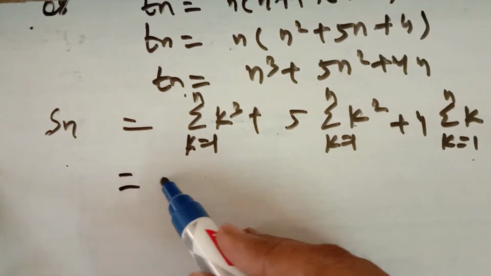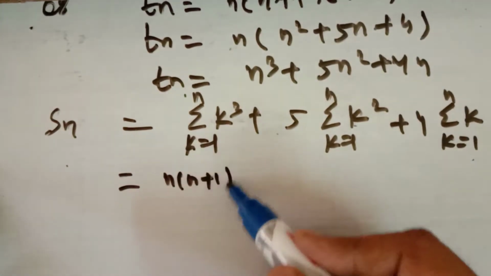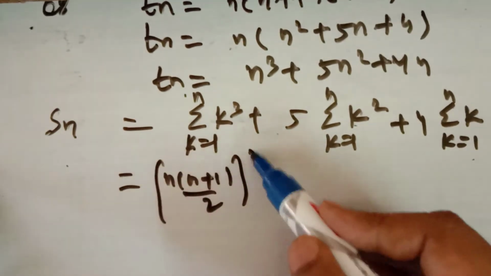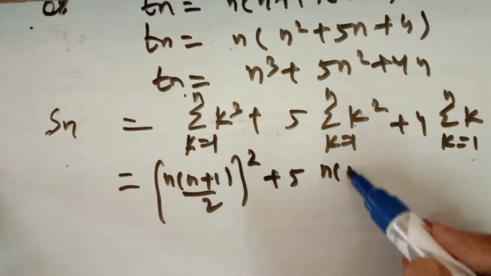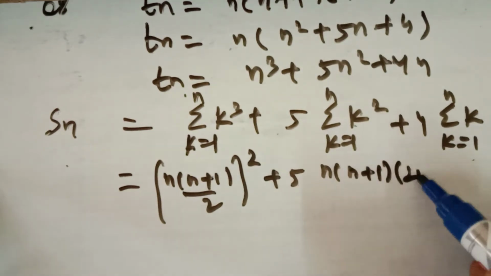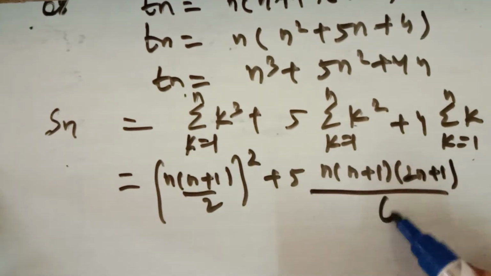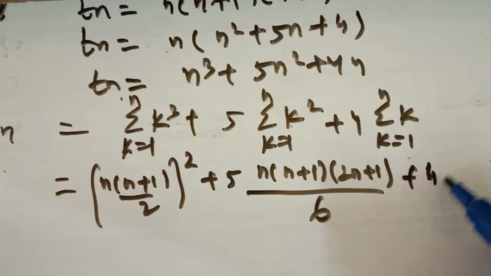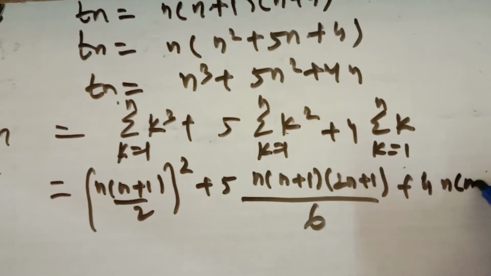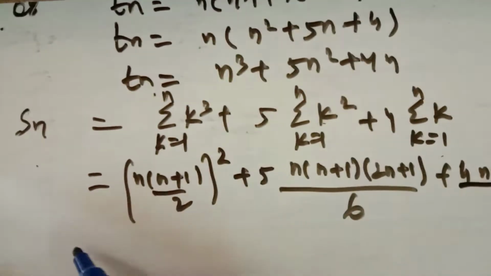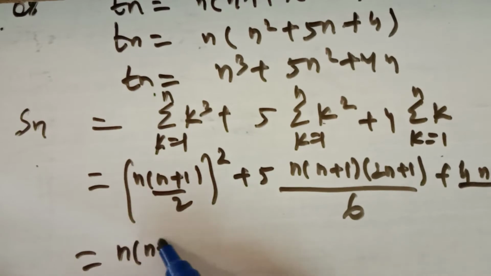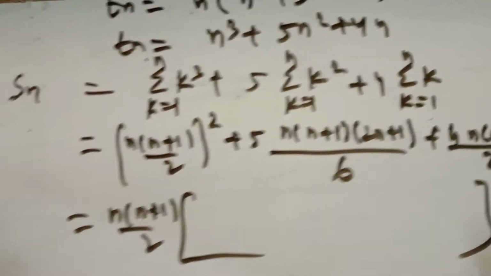And you know this formula, this is (n(n plus 1) upon 2) whole square, this is 5n(n plus 1)(2n plus 1) upon 6, and this is 4n(n plus 1) upon 2. Now you can take n plus 1 upon 2 common in all the terms, and you can simplify as far as possible.